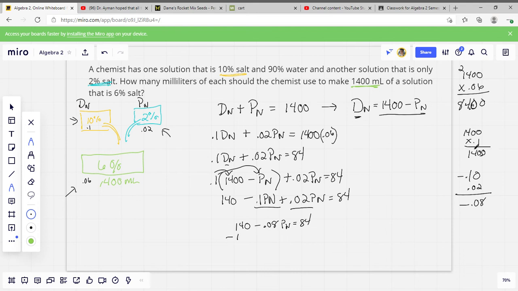Now I'm going to subtract 140. Those cancel, and I get negative 0.08 PN equals 140 minus 84. 8 and 4 is 12, so 56.